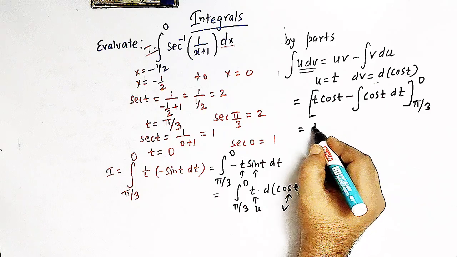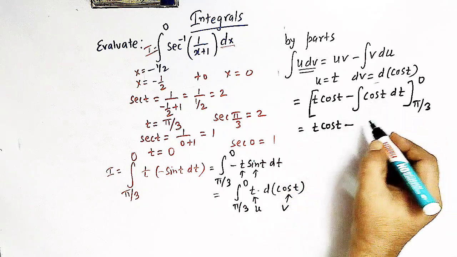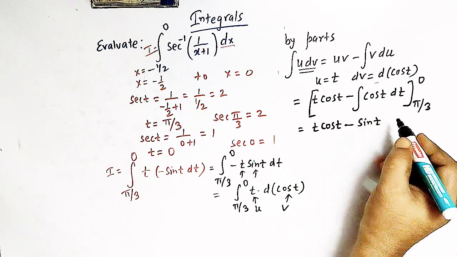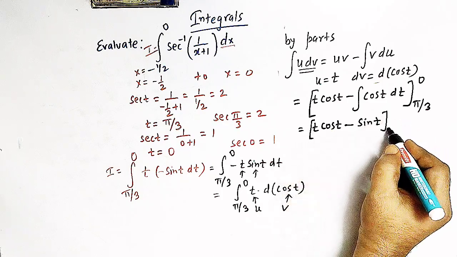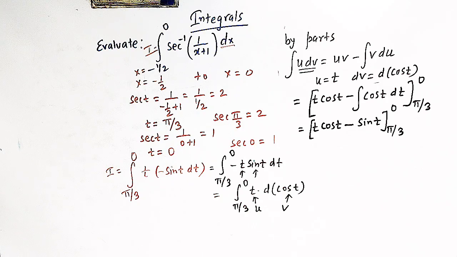So we have t cos t minus integral cosine t, which is simply sine t, with limits of integration from pi by 3 to 0.